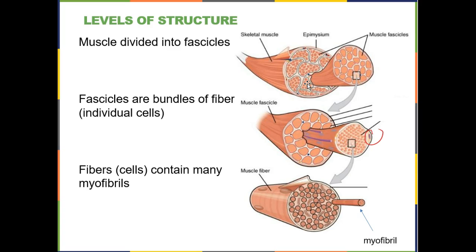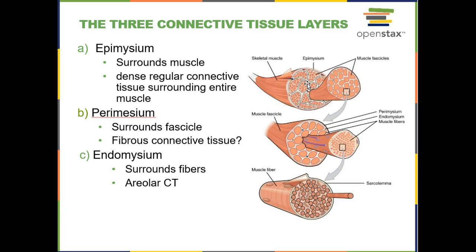Then layered on top of this, we want to know the different layers of connective tissue that hold all of this together. One of the things we want to remember about muscles is that almost literally every part of a muscle is attached to some other part of that muscle, so that mechanical forces are transmitted throughout the muscle.